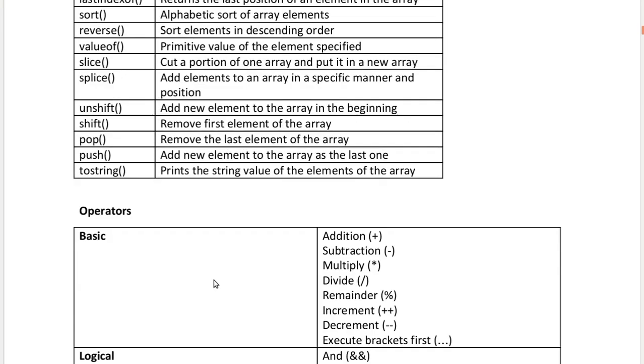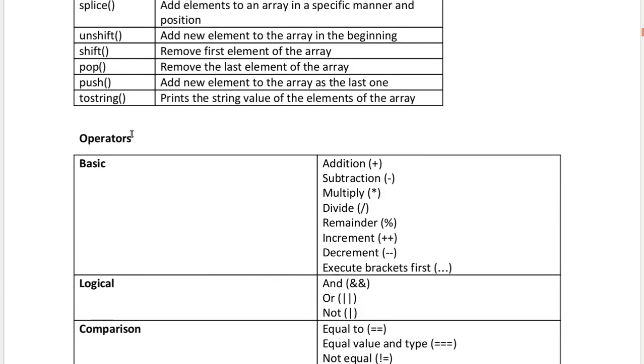Unshift, add a new element to the array in the beginning. Shift, remove the first element of the array. Pop, remove the last element of the array. Push, add a new element to the array as the last one. ToString, prints the string value of the elements of the array.